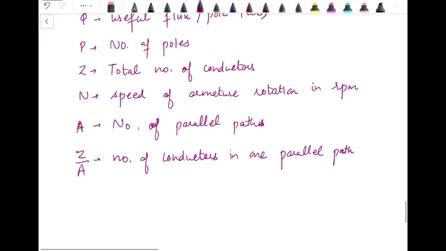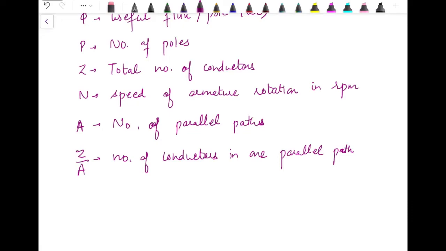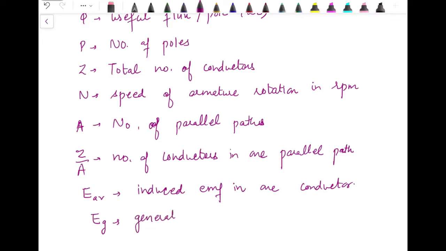Now we need to find out the EMF. Let's say E average is induced EMF in one conductor, and Eg is generated EMF.